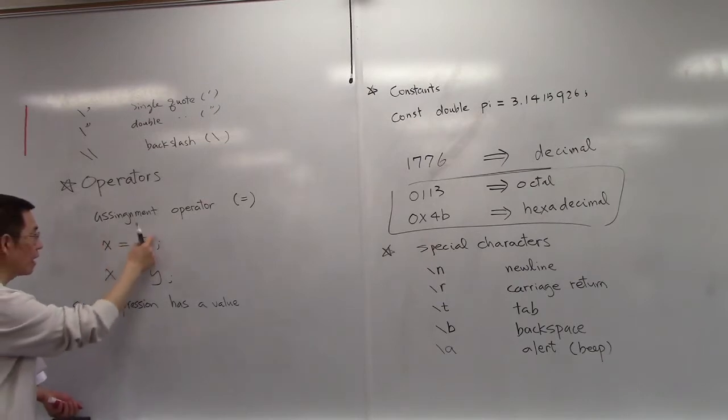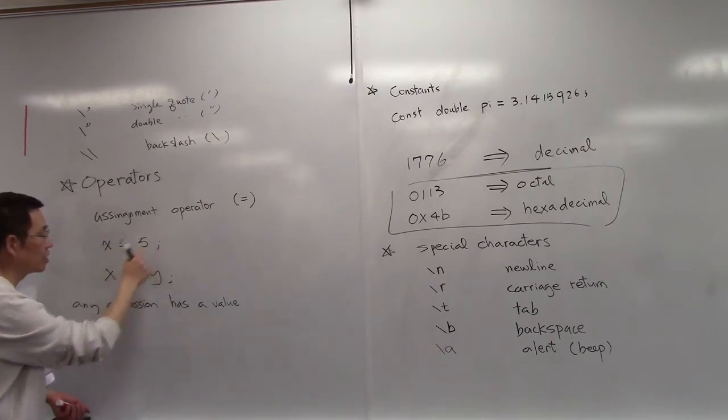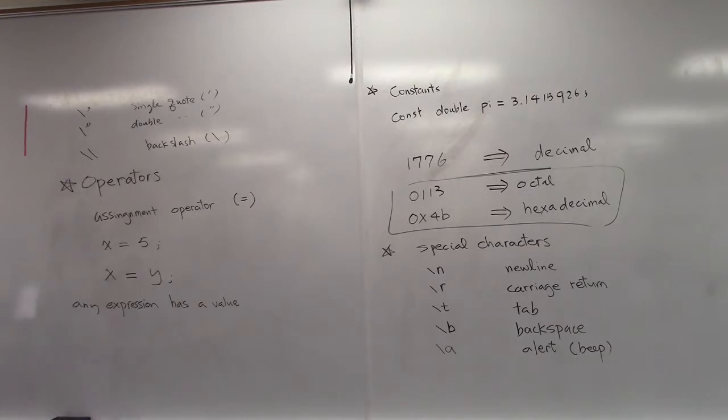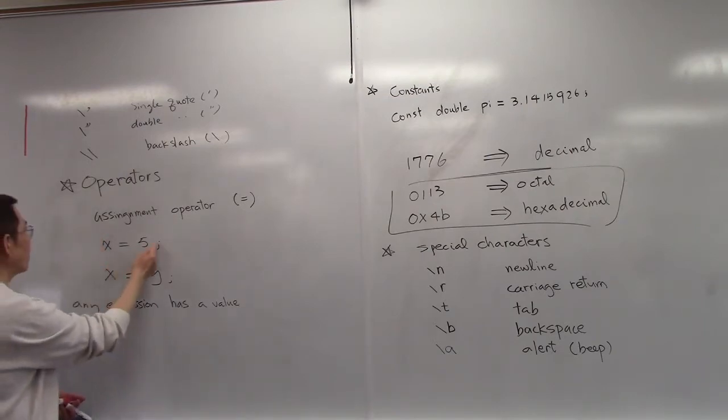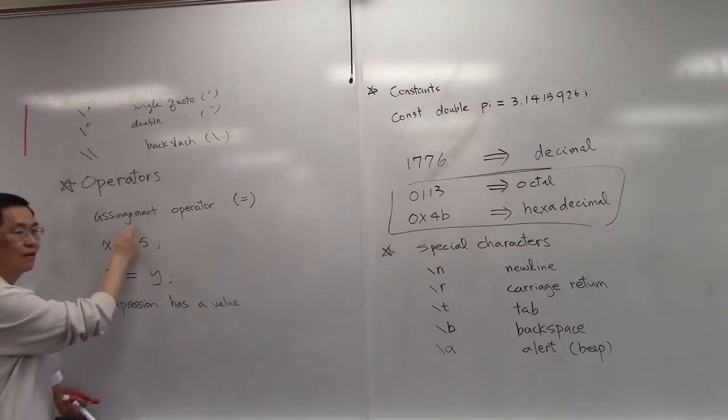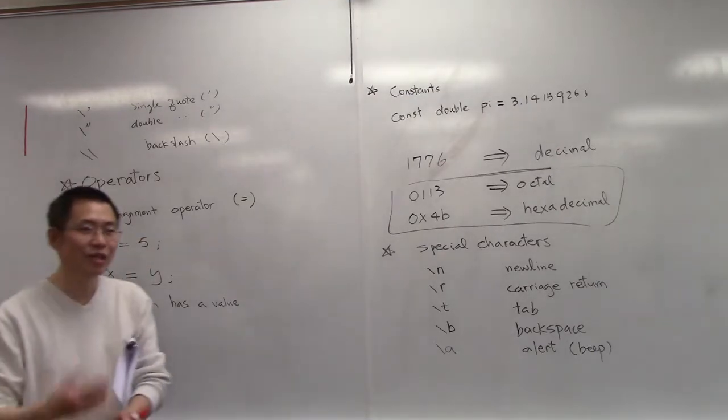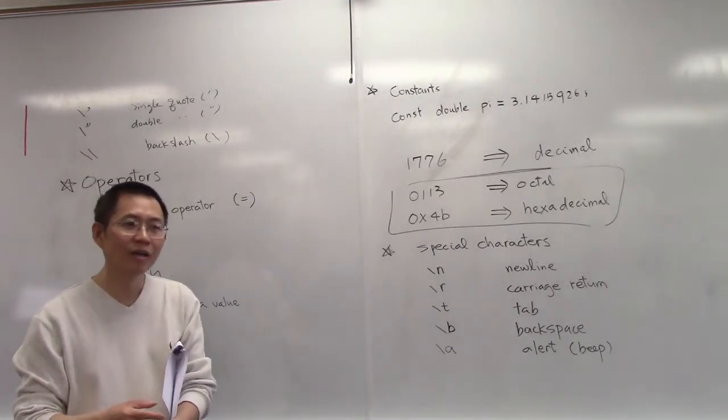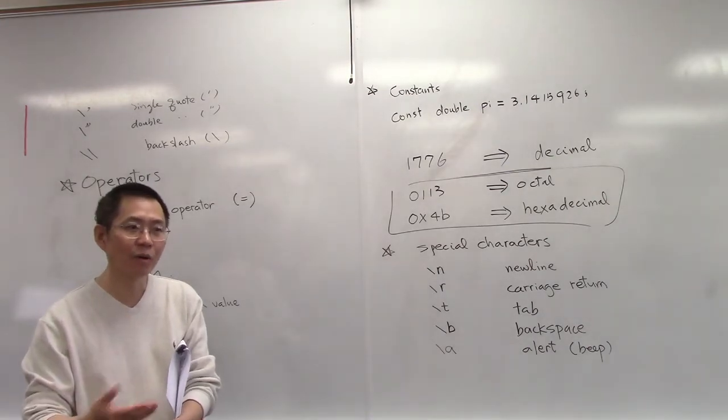But this whole thing, x equal from here up to there, is an expression, right? That expression itself carries a value. And of course, for an assignment statement, it is the value of 5. Therefore, this whole thing, you can view it as another variable. So in a way, an assignment itself can be viewed as a variable.